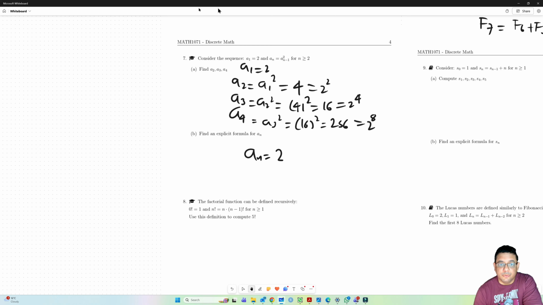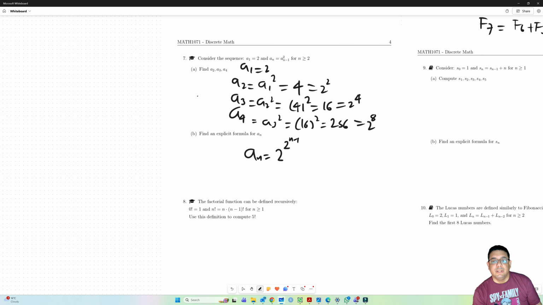A1 is equal to 2. A2 is 2 to the 2. A3 is 2 to the 4. And A4 is 2 to the 8. So this is like powers where the exponent is also a power of 2. So this is going to be 2 to the power of 2 to the N minus 1.